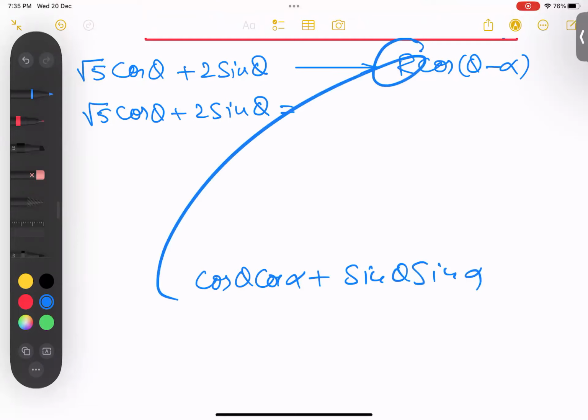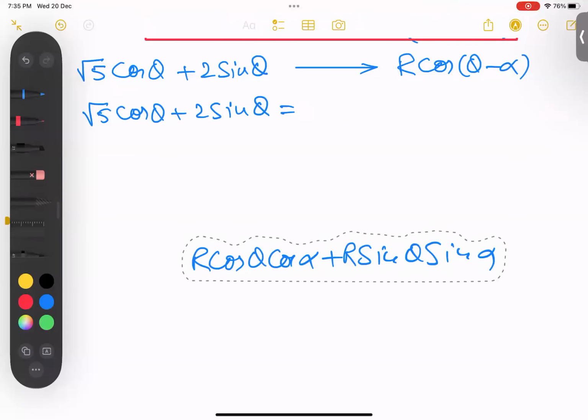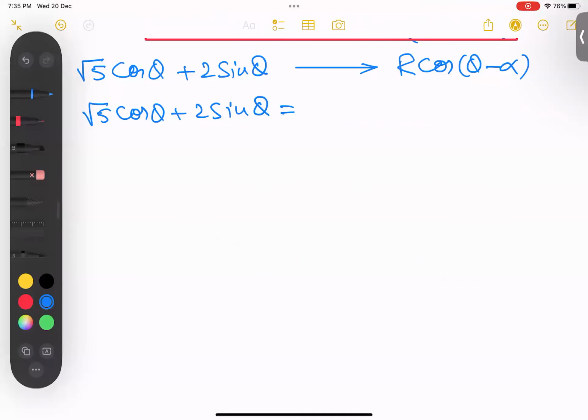But outside R is multiplying, so R will come here, R will come here. I believe all of you understand what I am saying. So this whole thing I will copy here. So I'm writing now: R cos theta cos alpha, opposite sign, and R sine theta sine alpha.